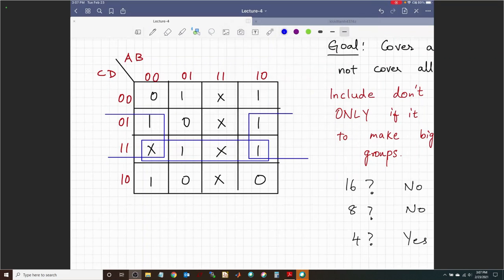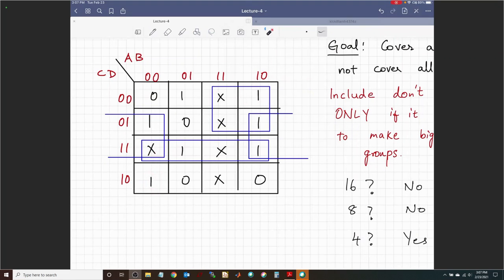Andrew says 3 of them. Let's try to see. So I've got that. I still have a few ones left out. How about this particular one? I have a 0 there, so the only big group that I can make here is that. I'm going to put that in a box as well. I still have 2 more ones left. If I look at this particular one, what can I combine it with? It looks like I can only combine it with this guy.